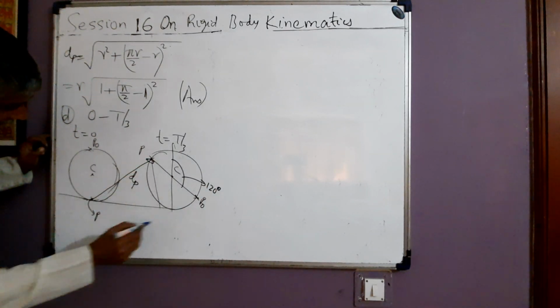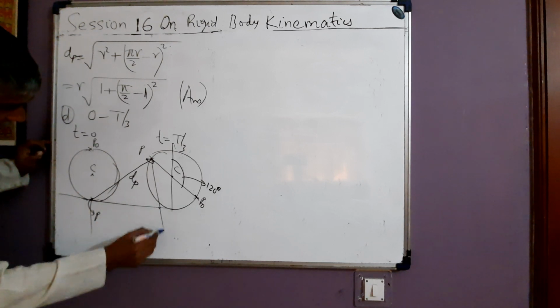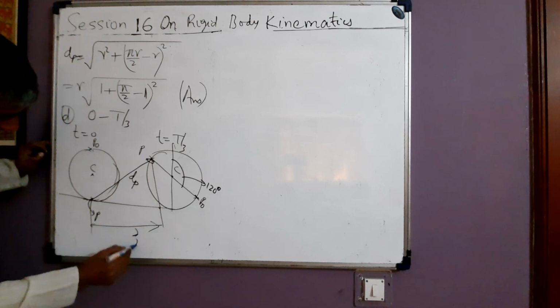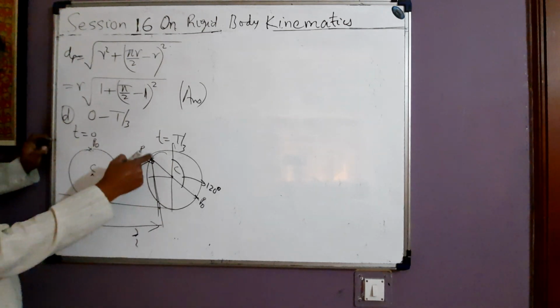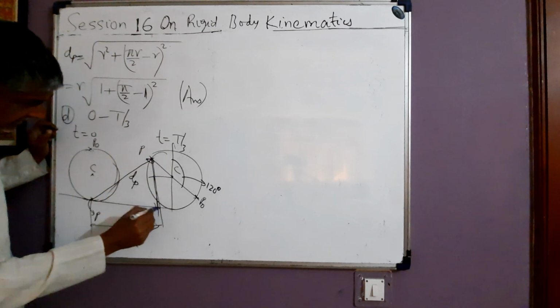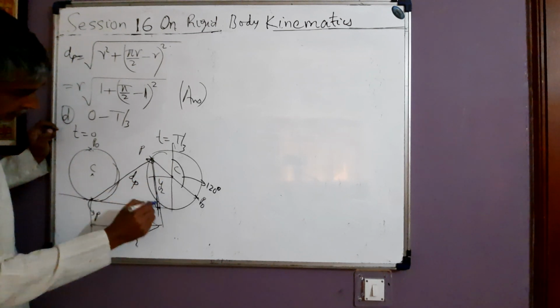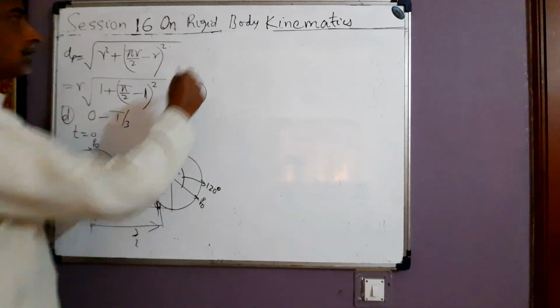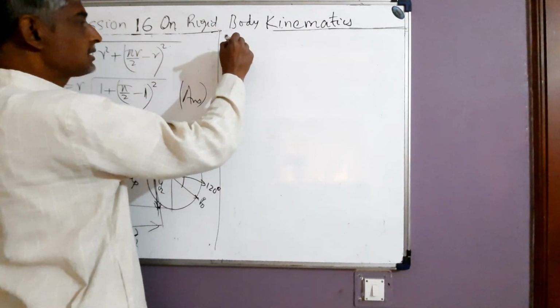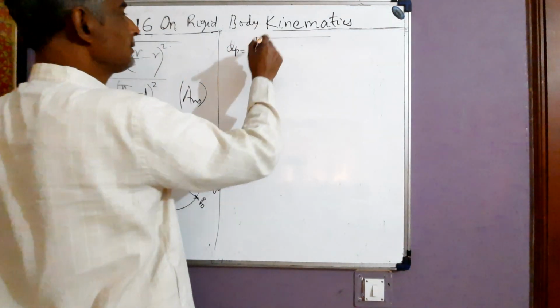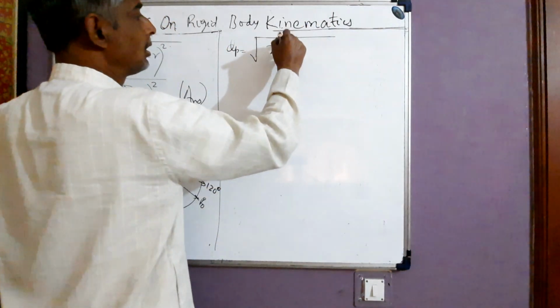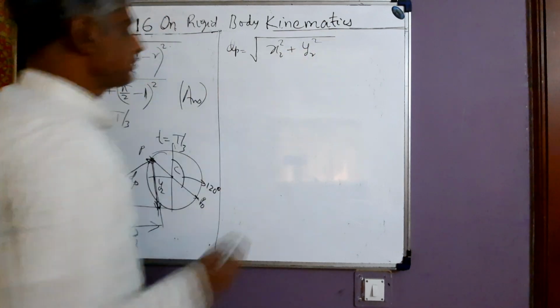I drop a normal from here. The dp is this distance, let's call this distance as say x2, and this distance as something we will calculate. So dp is this square plus this square. Let us call this distance as y2 from here to here. Okay. So what do we see? We see that dp is equal to root under x2 square plus y2 square.